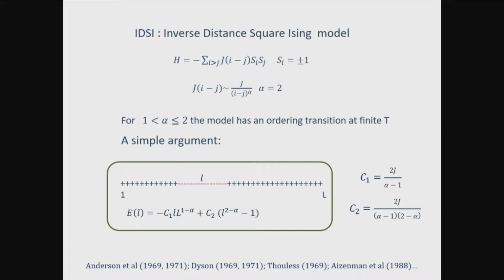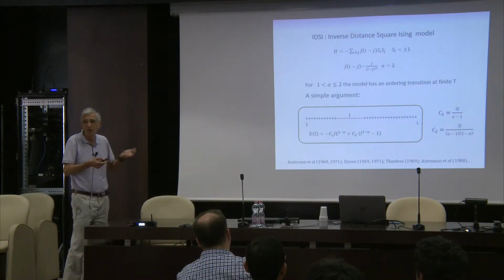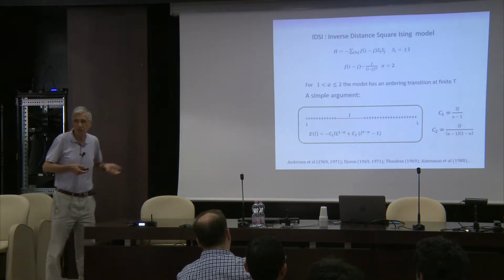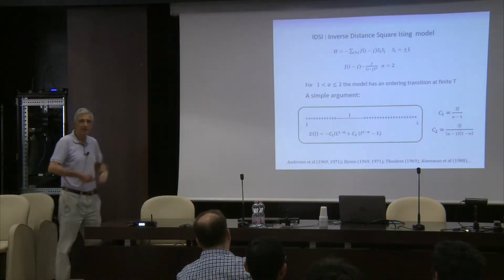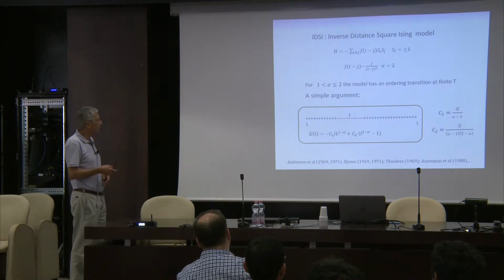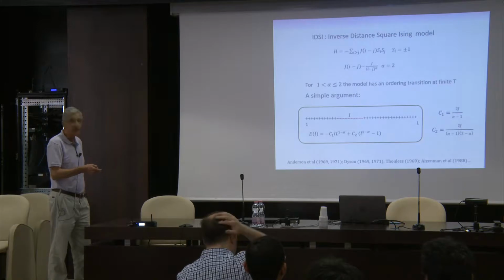If alpha is larger than 2, then the energy of flipping that is of order 1. So it's like short-range interaction because you pay only at the boundaries. On the other hand, if alpha is between 1 and 2, you pay something which is some power of l, l to the 2 minus alpha. And therefore, the system can sustain long-range order at low temperature. This model has been discussed a lot by people in the 60s, Anderson and Dyson and Thouless and many other people.